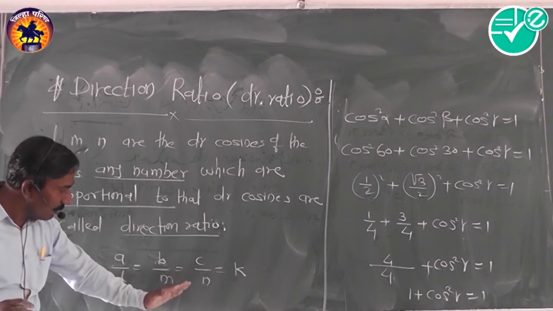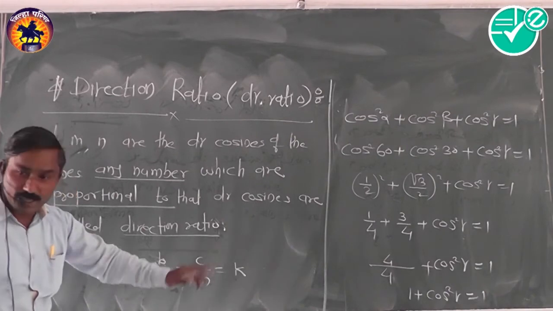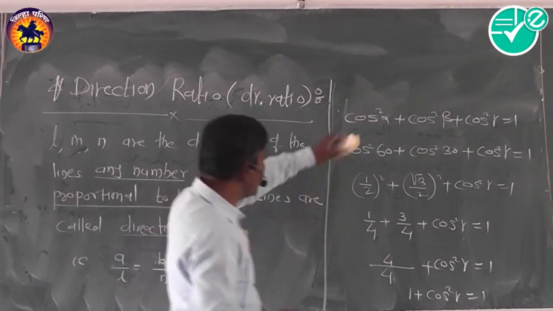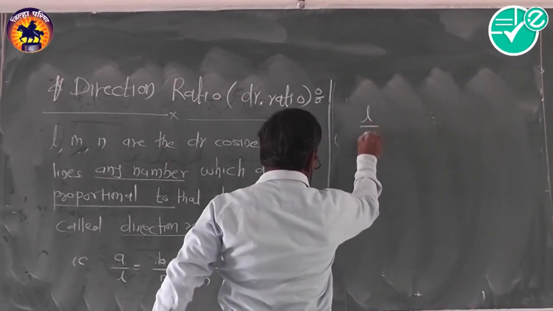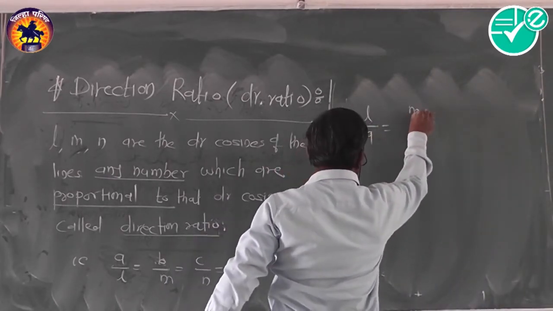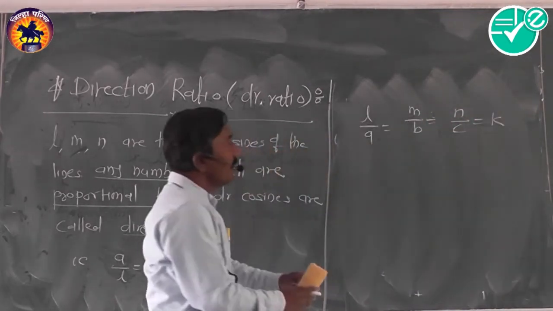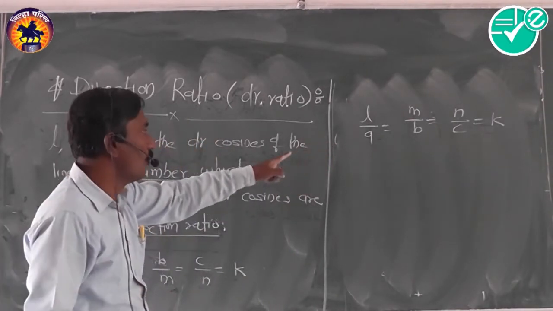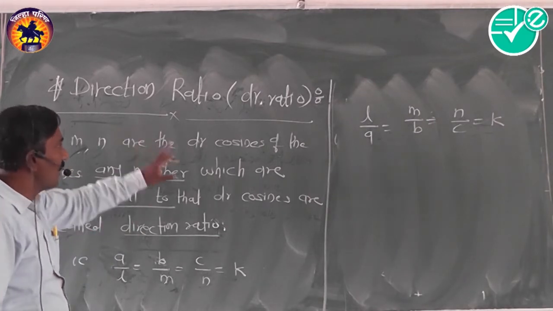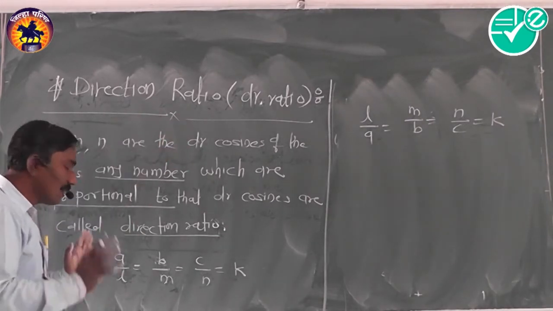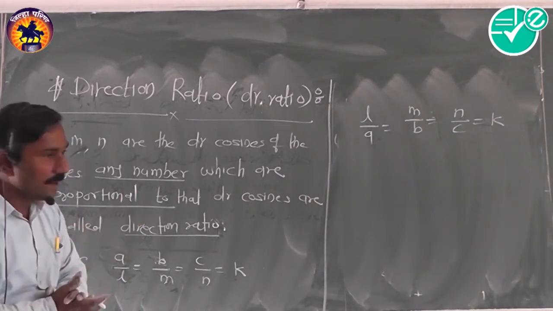We can write A divided by L is equal to B divided by M is equal to C divided by N is equal to K. We can also write it as L divided by A, M divided by B, and N divided by C is equal to K. Then numbers proportional to the direction cosines are called the direction ratios of the line. And what are direction ratios? A, B, C are the direction ratios of the line.